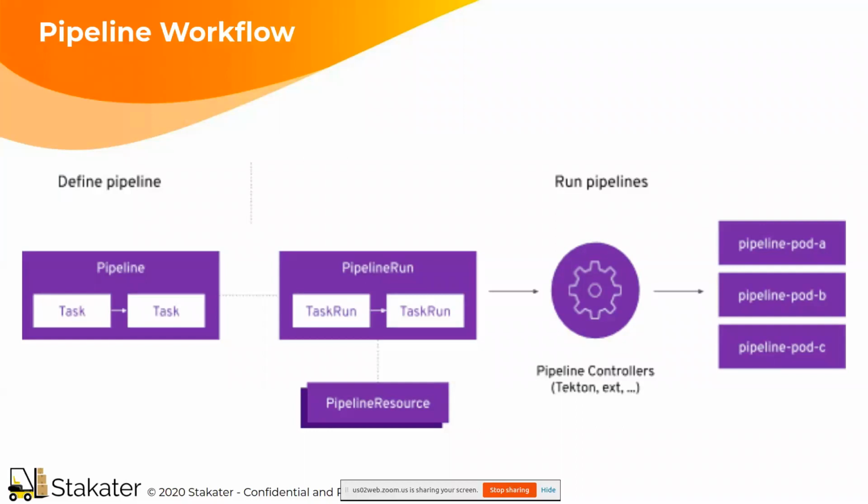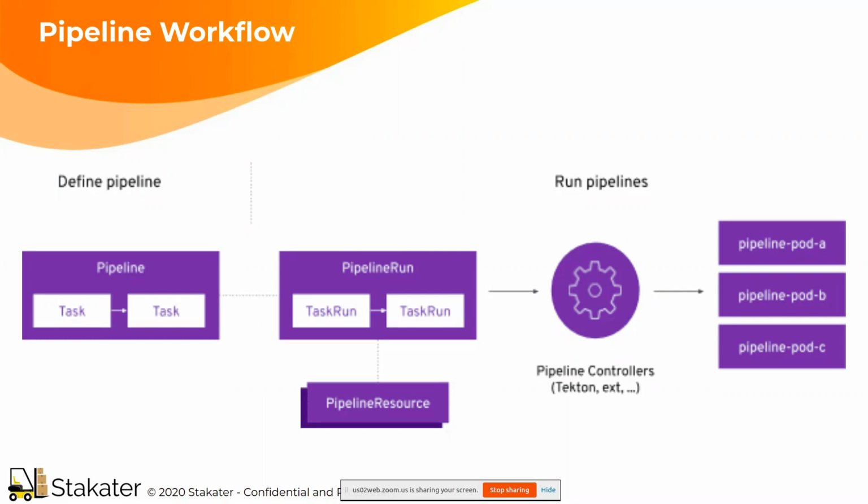So it is the responsibility of the pipeline controller to translate the pipeline and pipeline run objects into associated pod and container specs, because we don't define pods ourselves. It is looking for the pipeline run and pipeline objects, and it creates the associated pods where we run a pipeline.